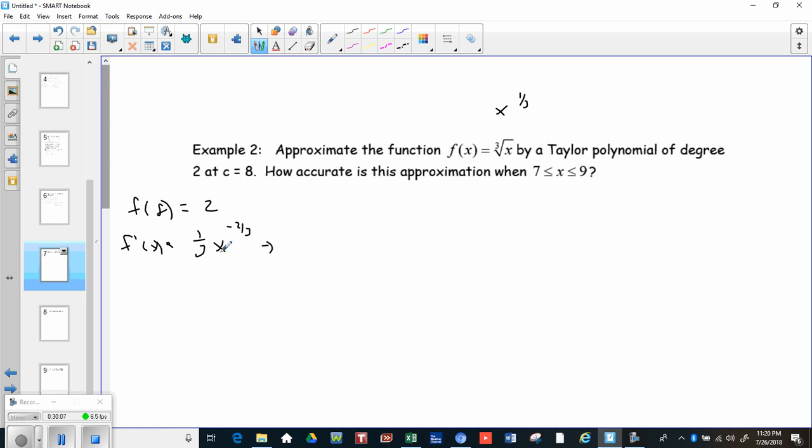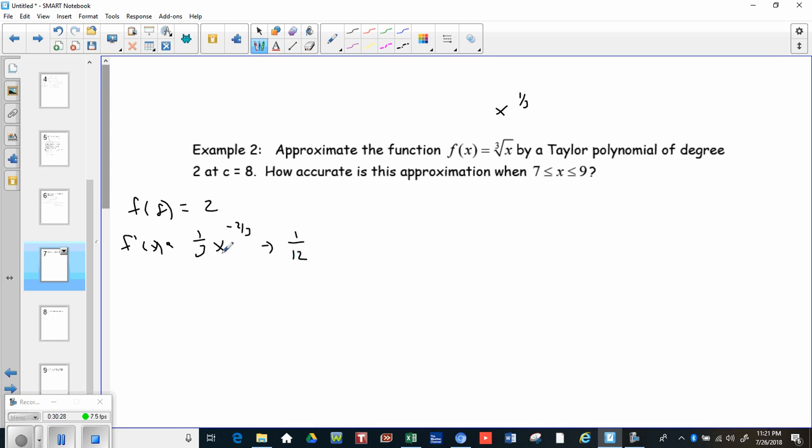Plugging in 8, it's going to be 8 to the 2/3. I'll worry about the negative in a second. You could take the cube root of 8 first, which is 2, and then square it, which is 4. But because this is a negative exponent, that 4 has to get dropped to the denominator, so it's really going to give us 1/12.